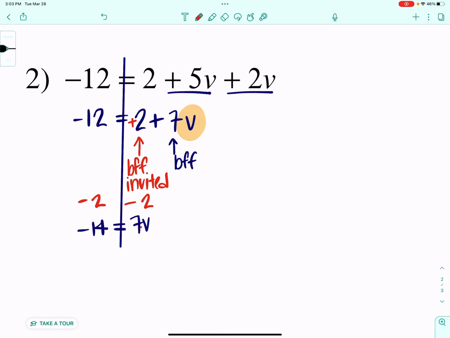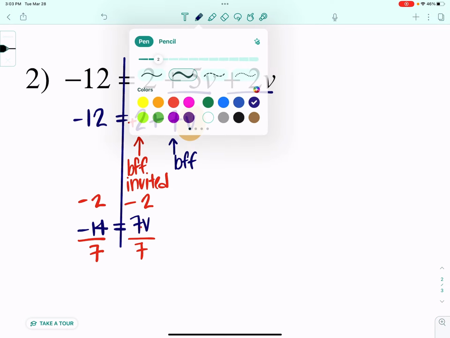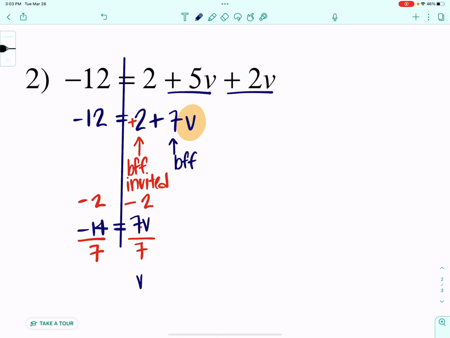Your parents are now going to send your BFF home. The opposite or the inverse operation for multiply is divide. So we divide both sides by the same thing. That means that v is negative 2.